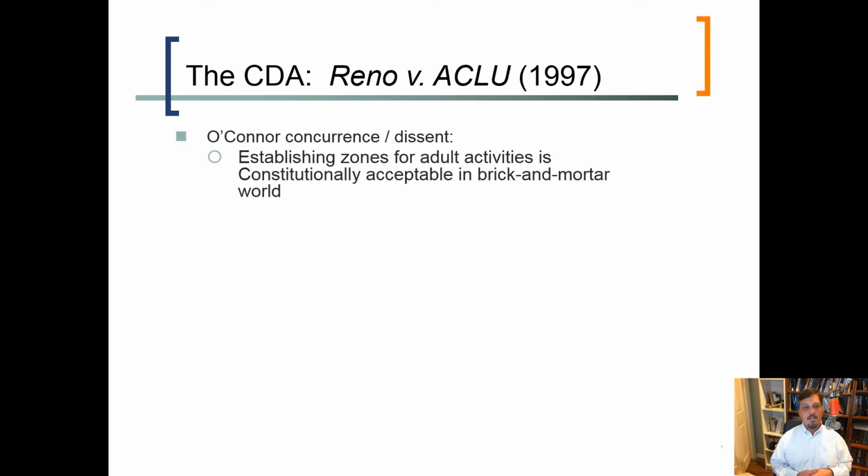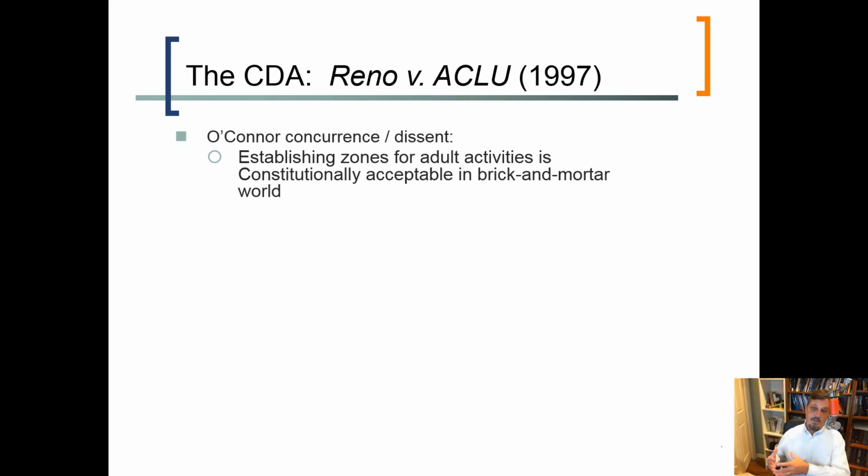And O'Connor is looking at this as a kind of zoning regulation. So O'Connor says you can have zoning regulations that deal with obscene material or material that is kind of questionable.